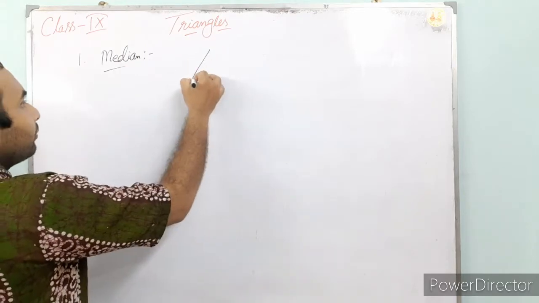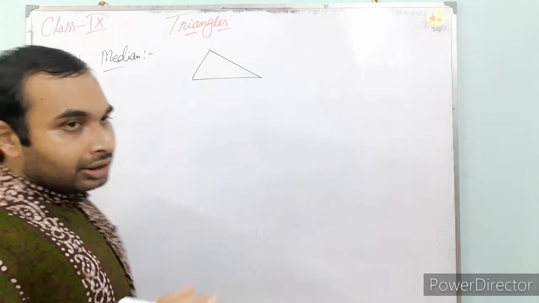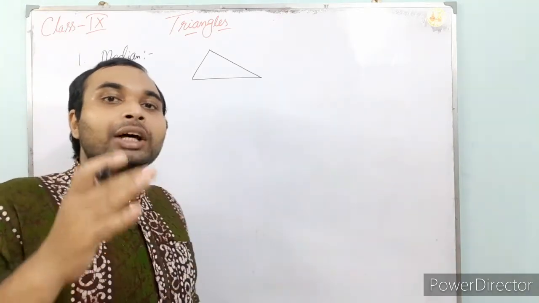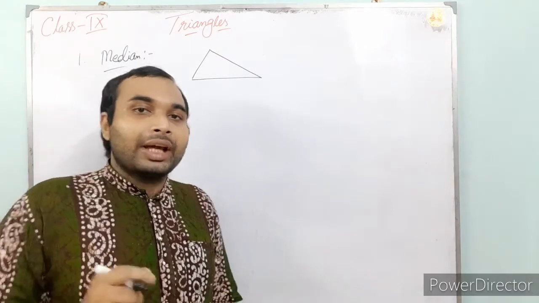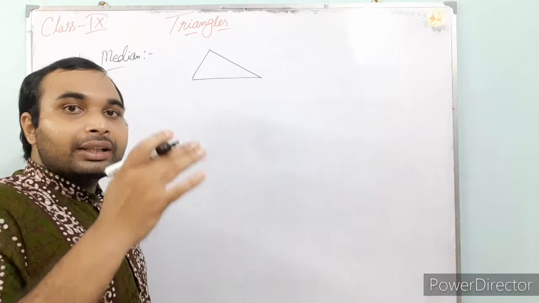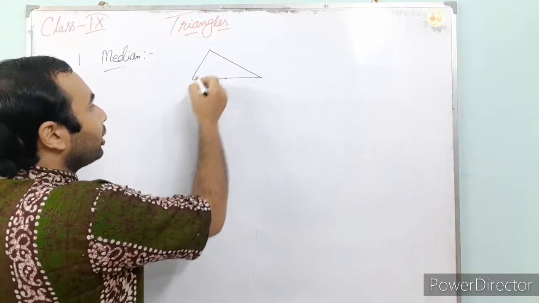Median means, if this is a triangle, the line joining the vertex and the midpoint of the opposite side. I repeat, the line joining the vertex and the midpoint of the opposite side.